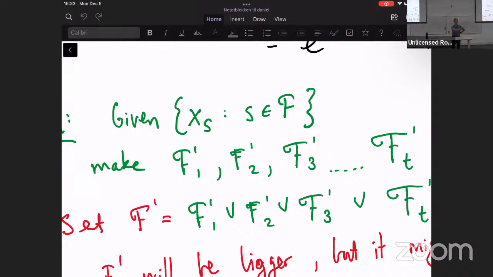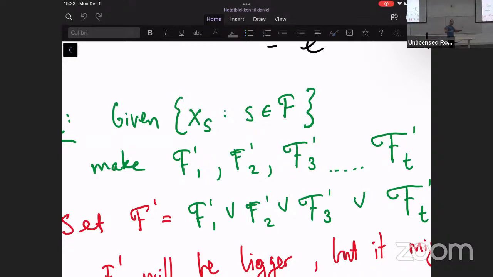If it doesn't cover everything, let me do the whole rounding process again. I don't solve the LP again, I just round again, and I get some family F2. I do it again, F3 also, and I do it t times, for some t that I'm going to choose cleverly. Then I hope that the union of all of these families covers all of the universe.